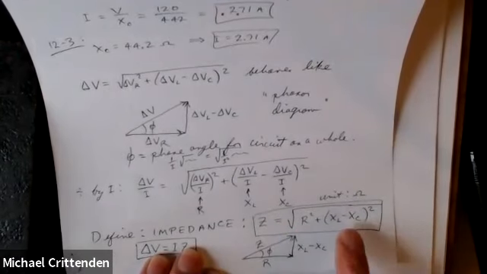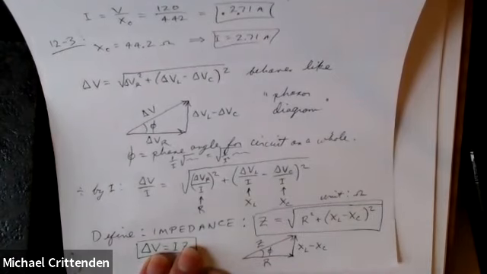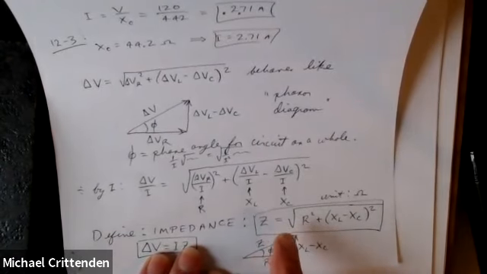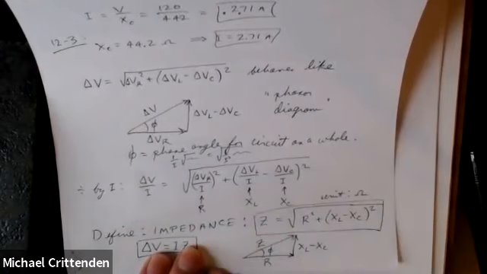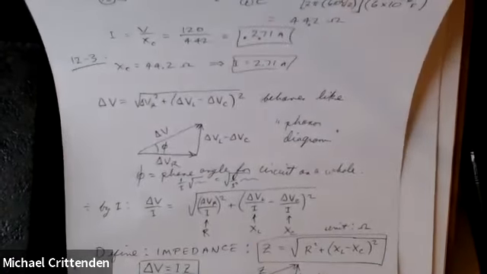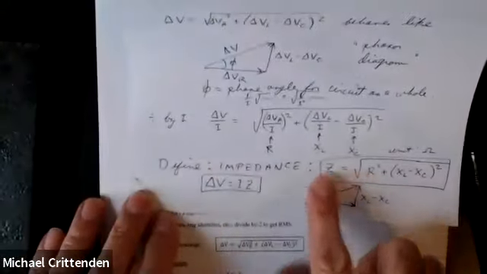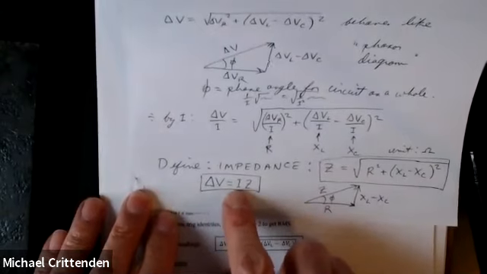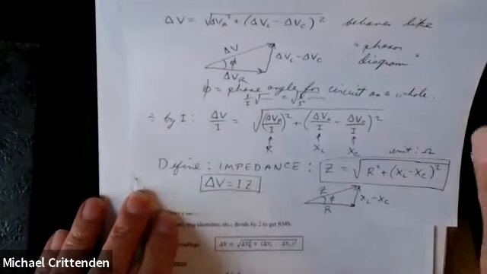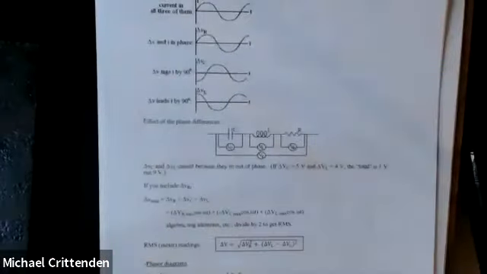So start out by determining the reactances, drop them in, then you've got Z, which is how many ohms the entire circuit has. And then once you have that, you get the current out of this. Amps equals volts divided by ohms. So that's the summary. That's how I plan to go after this.